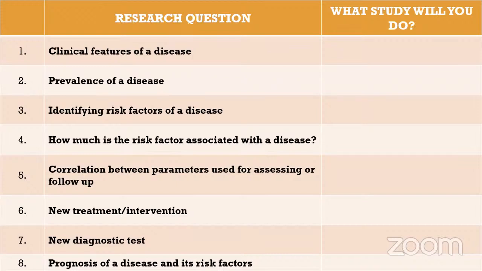The second is prevalence of a disease. Prevalence is looking at the proportion of patients in a population who have the disease, and then the risk factor of the disease. Then you want to know how much the risk factor is associated with the disease. Then there are several parameters which are used to assess the same disease.